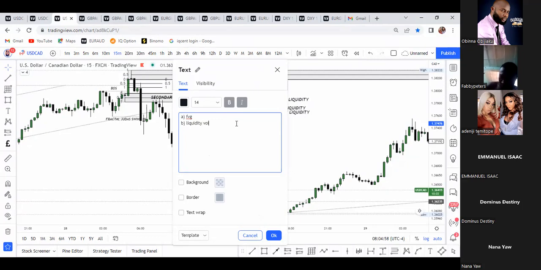How many of you saw the PDF on liquidity void on the group? Go and study it. Volume imbalances. How many of you saw the PDF?